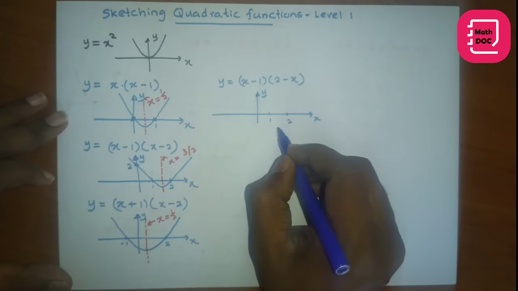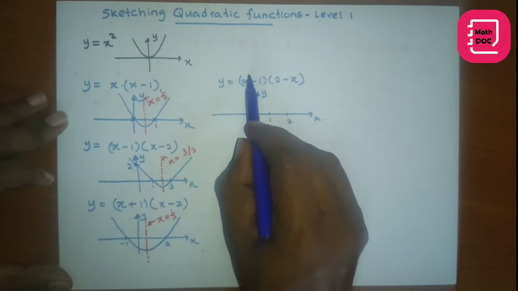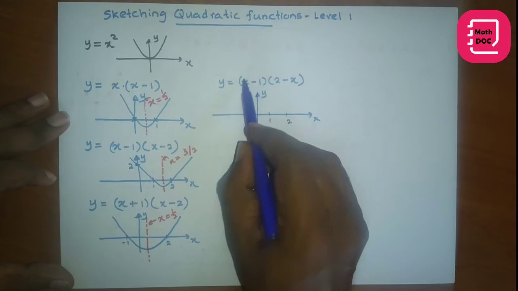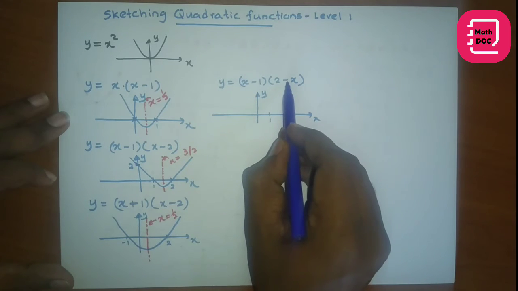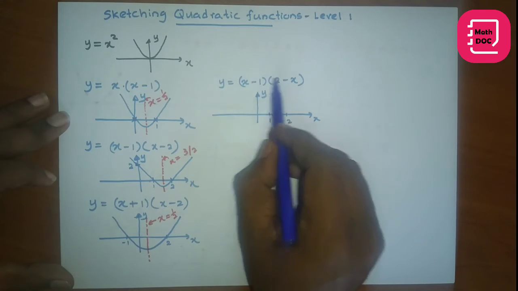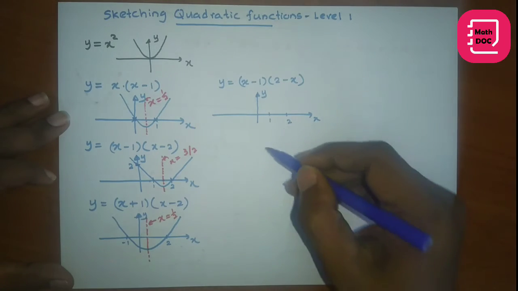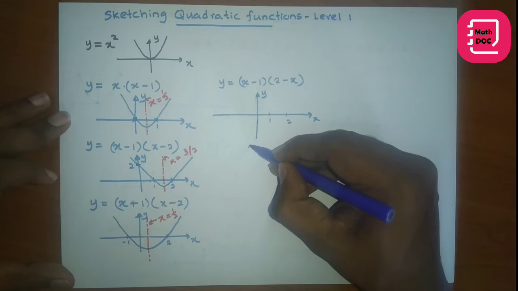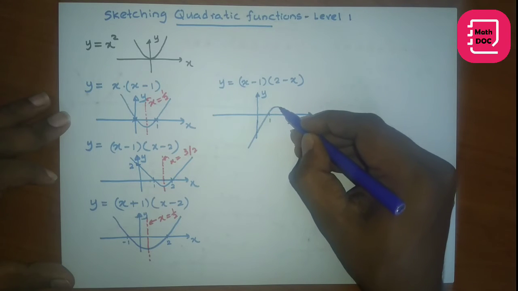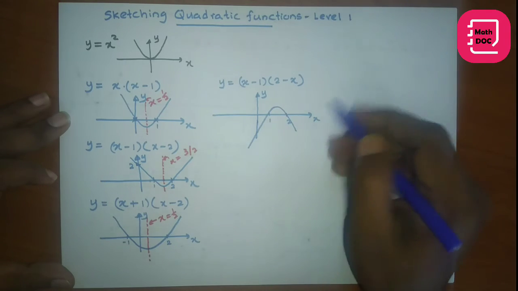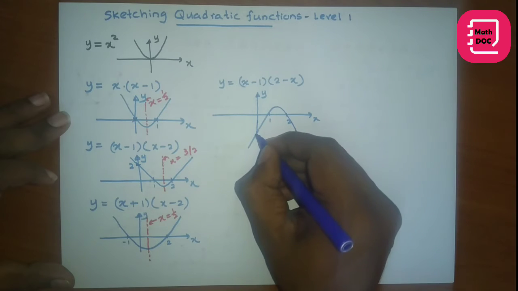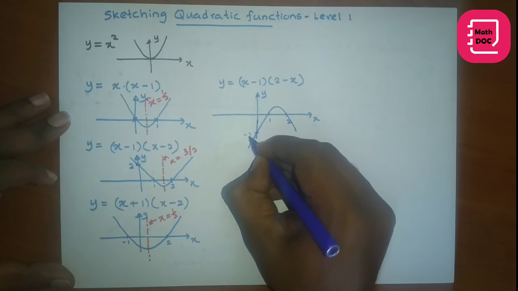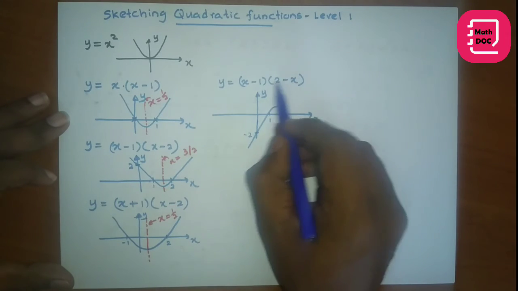Now see here, when you multiply the x terms, the x squared sign must be negative. Then if the x squared sign is negative, it has maximum shape. Now you sketch this with maximum shape passing through the previous 2 points. Then this intercept will be minus 2. By substituting x equals 0 into this function, you can obtain the y-intercept. It is minus 2.